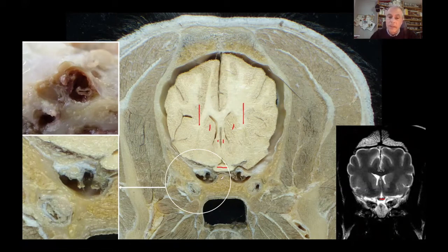And we have the sphenoid bone here, and we see this area. We are going to enlarge it here. And this area enlarged is this one here. What do we have? We have a big cavernous sinus, okay?